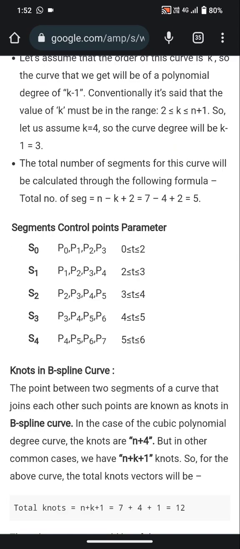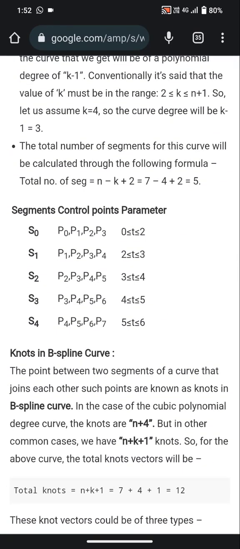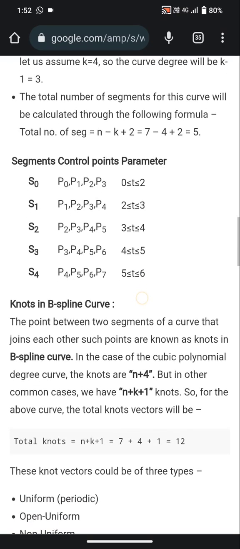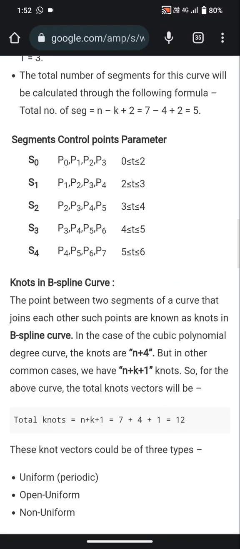And we have the segments' control points and parameters. The controlling parameters begin from S0, with control points P0, P1, P2 and P3, where 0 is less than or equal to t and t is less than or equal to 2. For S1, the points P1, P2, P3 and P4, where 2 is less than or equal to t and t is less than or equal to 3.